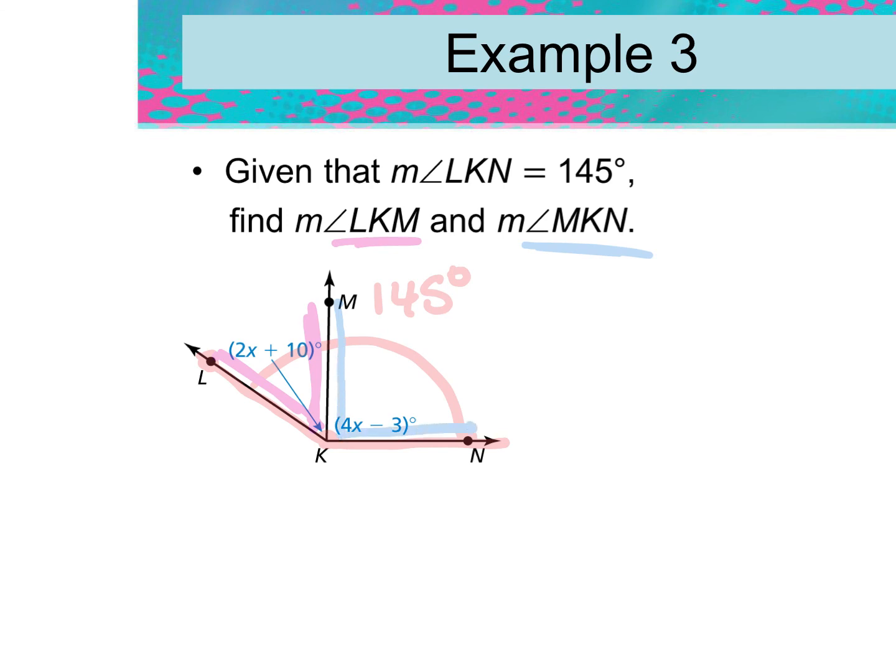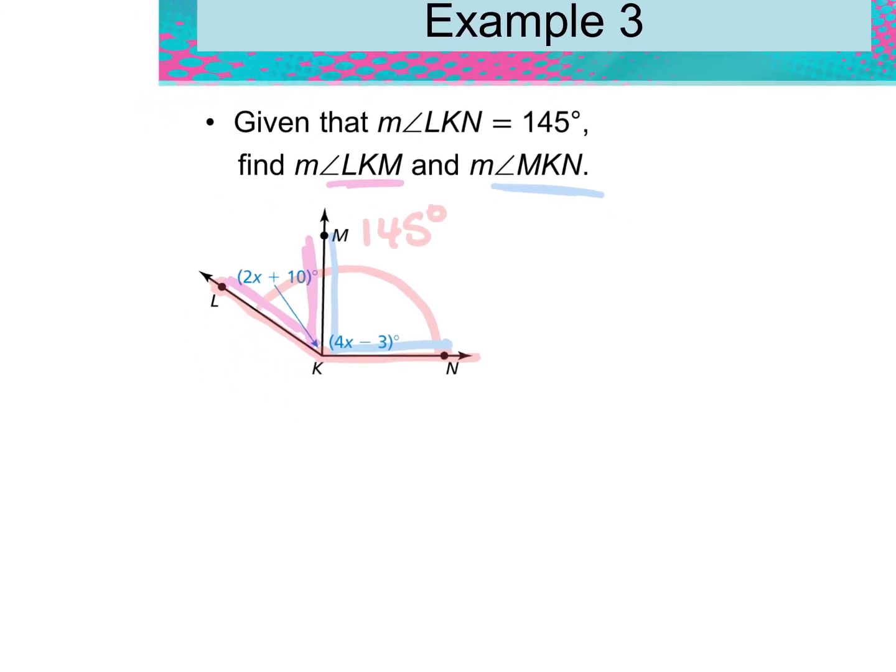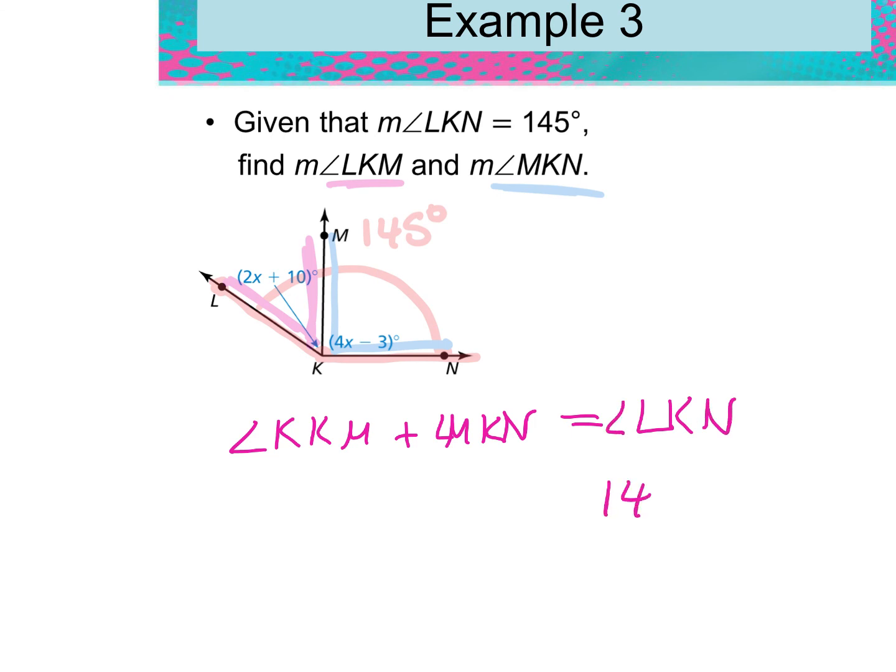So here's where I'm going to use my angle addition postulate. I'm going to be adding the two angles together. So I'm going to take LKM plus MKN, and that's going to equal LKN. So I know LKN is 145.